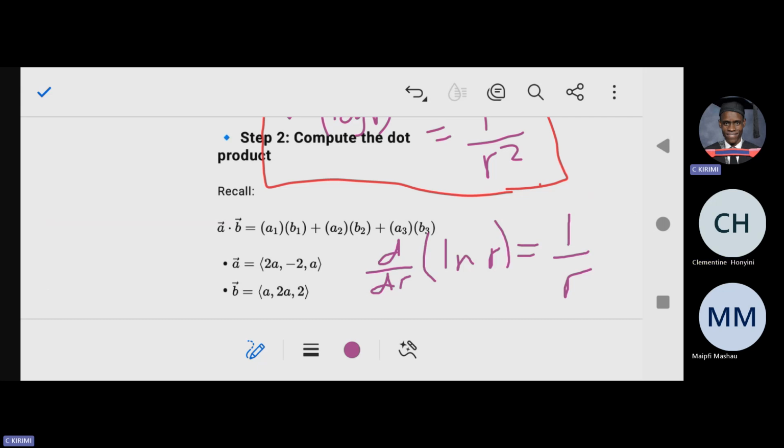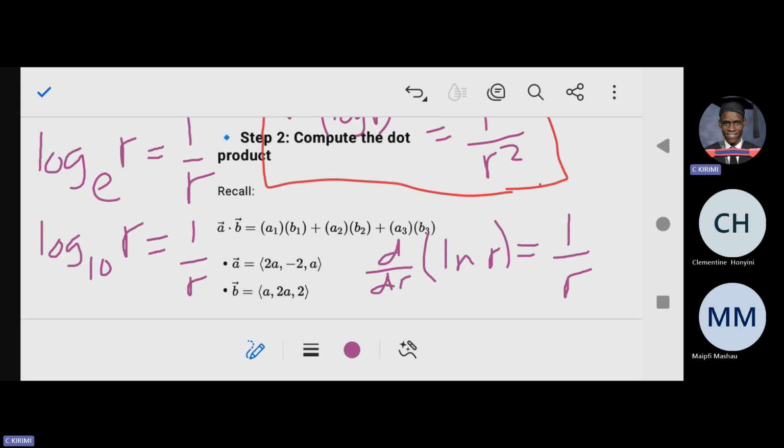And ln is just log base e of r, which equals 1 over r when you differentiate. When I say log r, it's base 10 of r, which also gives 1 over r. So ln r and log r, they just give you 1 over r.